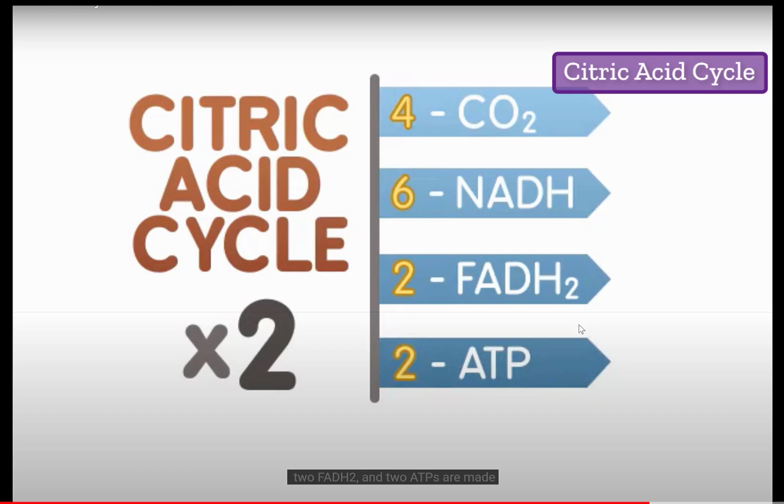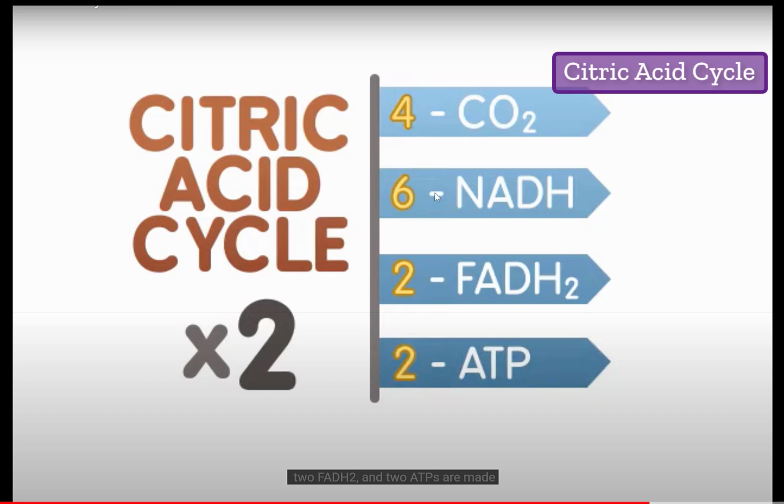You have to be really careful to see if the question is asking you about 1 pyruvate molecule or 1 glucose molecule. For glucose, there's going to be 4 CO2 molecules produced, and including the 2 that were produced during pyruvate oxidation, glucose is completely oxidized by the time the citric acid cycle has run twice.